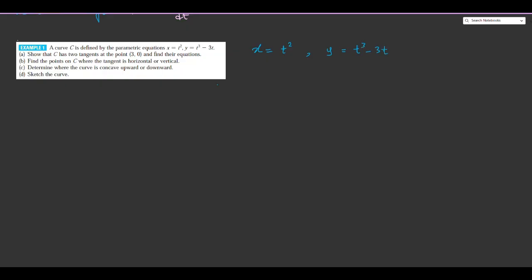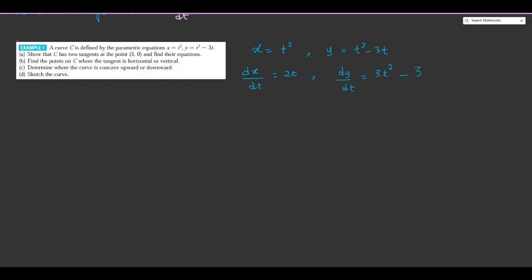What will be dx by dt? dx by dt will be equal to 2t, and for dy by dt, the derivative of t cube is 3t square, and the derivative of 3t is 3.